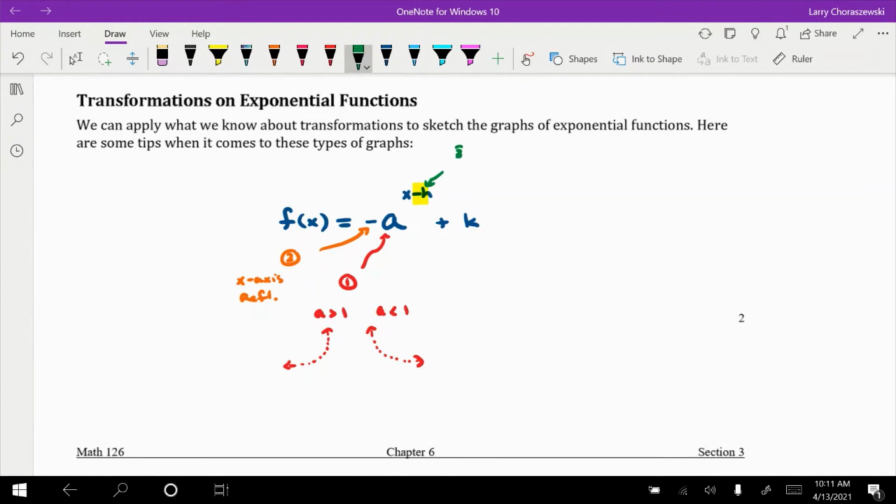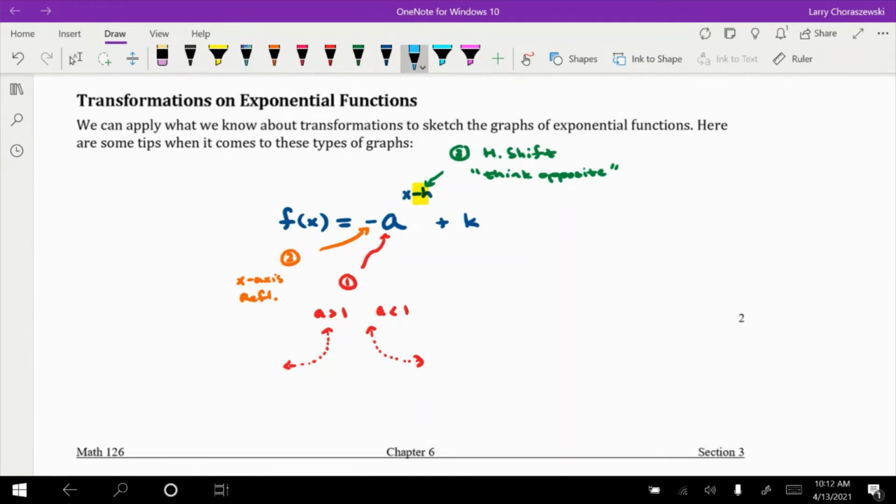This would be the third thing that we do, and this is going to be a horizontal shift. And remember, with horizontal shift, you've got to think opposite. So if it's subtraction, we move to the right, but if it's addition to x, then we move left.